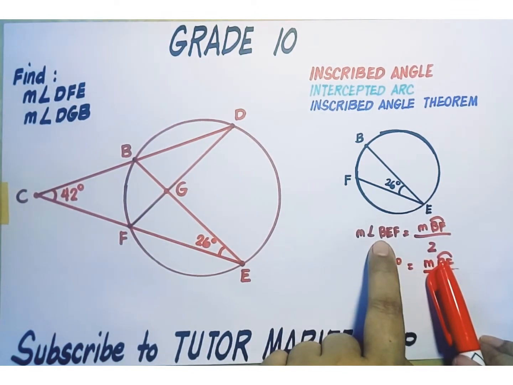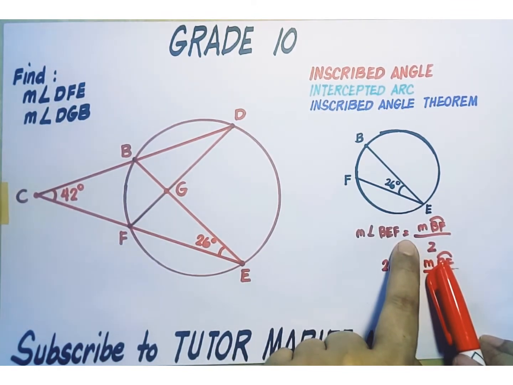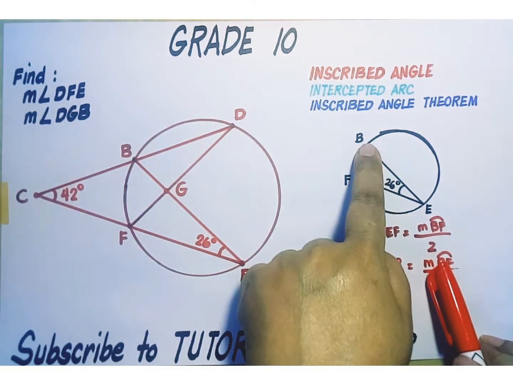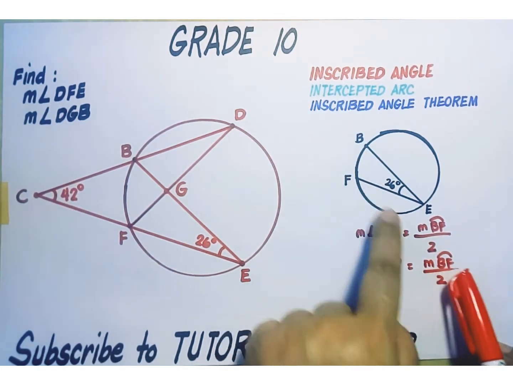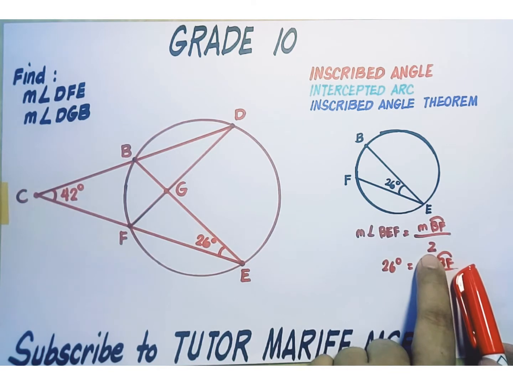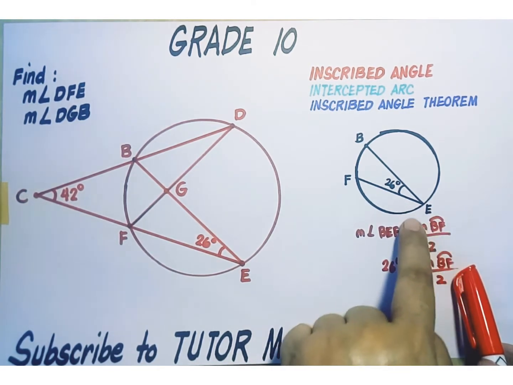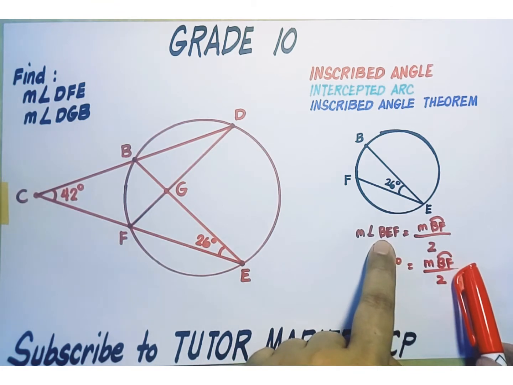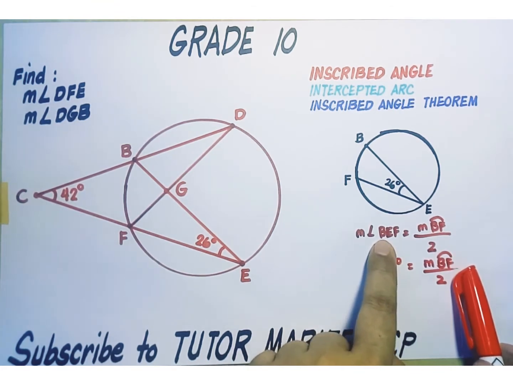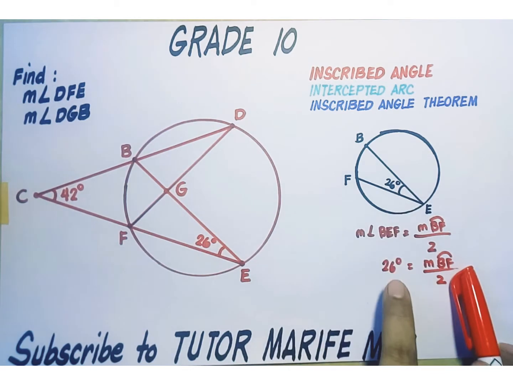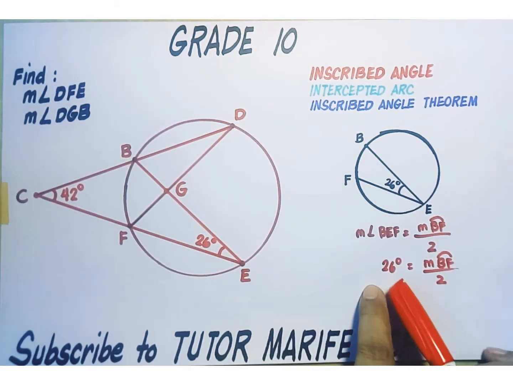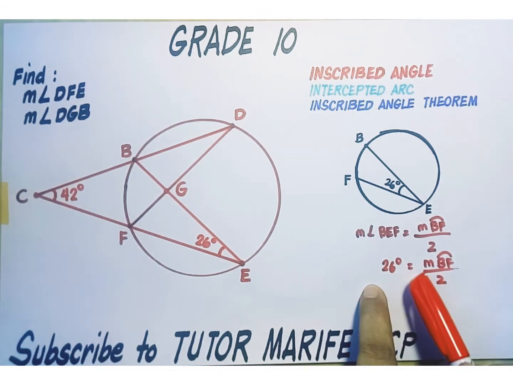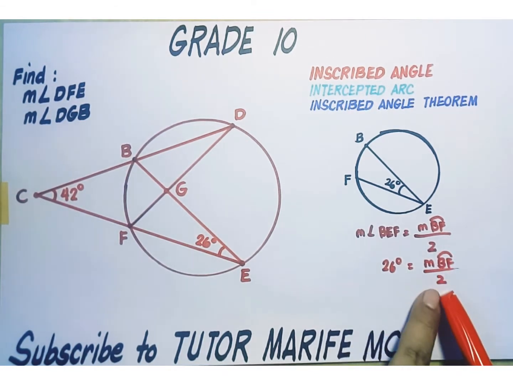Measure of angle BEF is equal to 1/2 the measure of its intercepted arc BF. To solve for the measure of arc BF, let's replace measure of angle BEF with its known value. It's equal to 26 degrees. We now have 26 degrees equals measure of arc BF divided by 2.